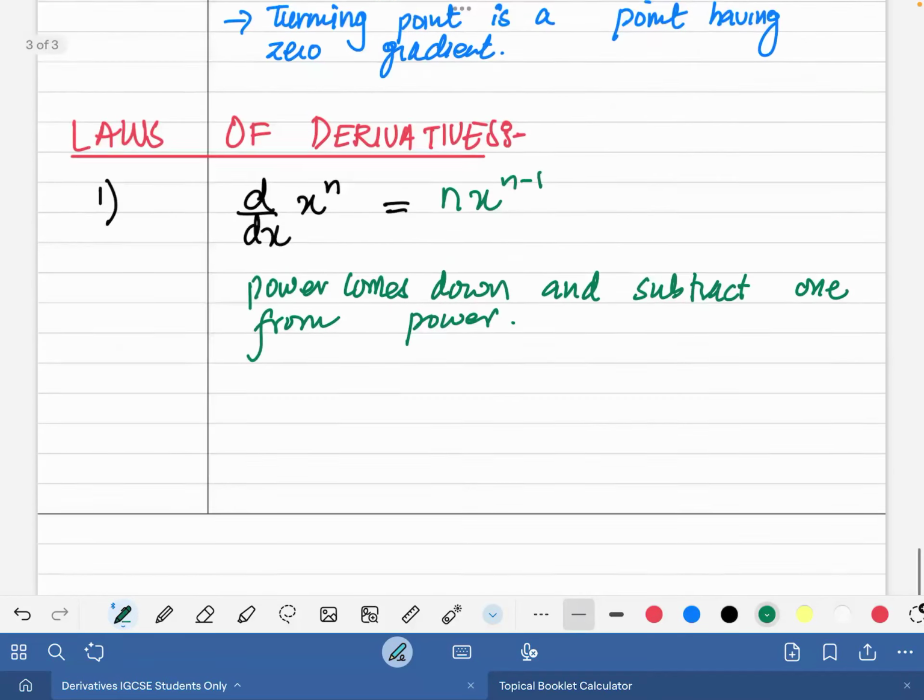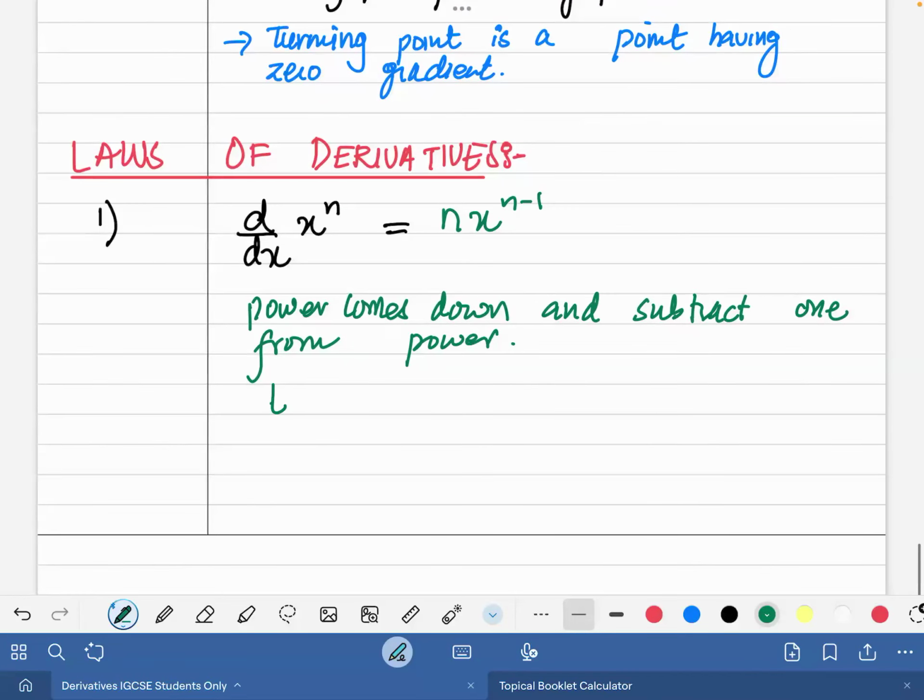What does it mean? For example के तौर पे समझाता हूँ. Example y is equal to x cube. अब आप जब इसका डेरिवेटिव लेंगे तो dy by dx is equal to, power नीचे, power में से एक minus, तो ये हो जाएगा इसका डेरिवेटिव.